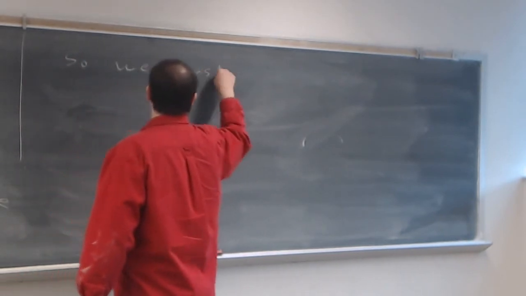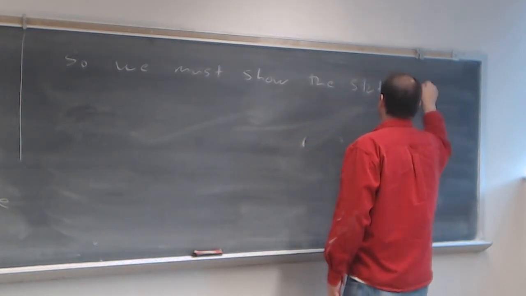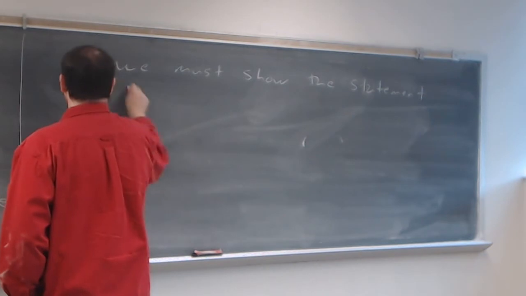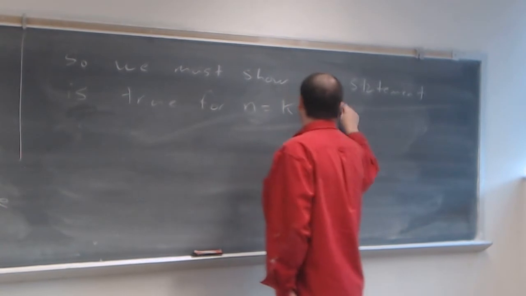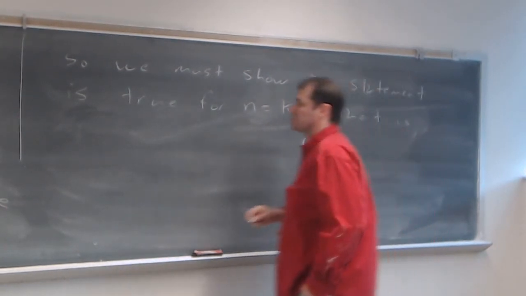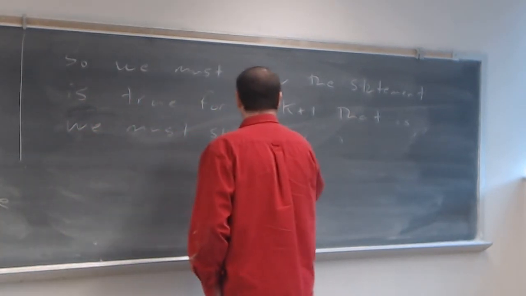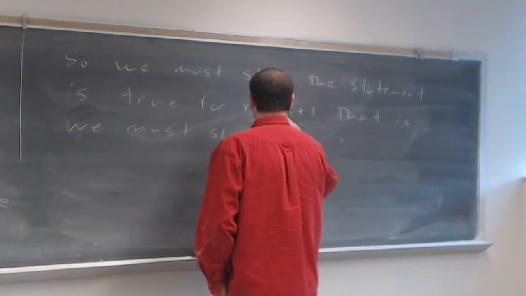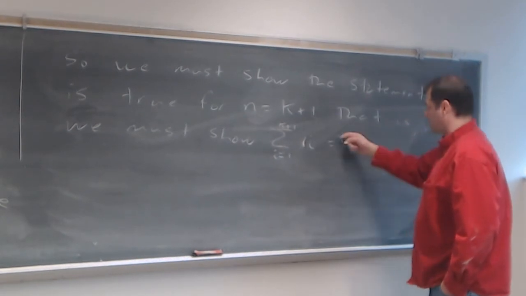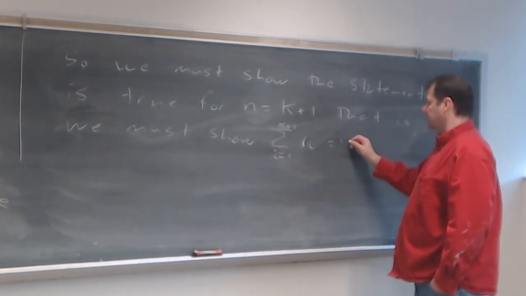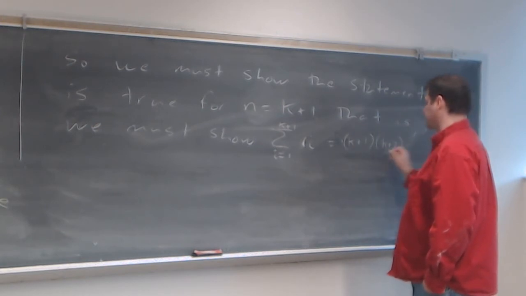So we must show the statement is true for n equal to k plus 1, and more specifically, we must show the sum as i runs from 1 to k plus 1 of i is equal to k plus 1 times k plus 1 plus 1, so that's k plus 2, over 2.